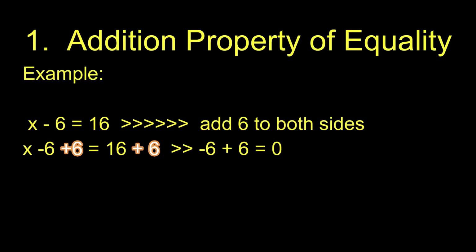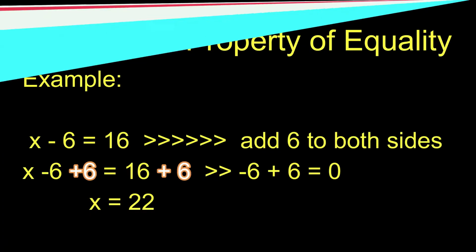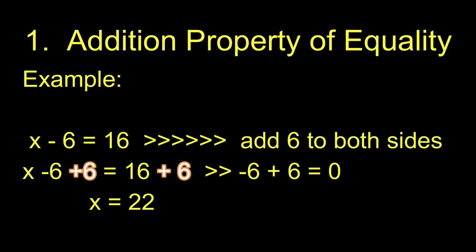So x minus 6 plus 6 is equals to 16 plus 6, where negative 6 plus 6 is equals to 0. So x minus 6 plus 6 is equals to x na lang kasi yung negative 6 plus 6 is equals to 0. So x is equals to 16 plus 6 is equals to 22.